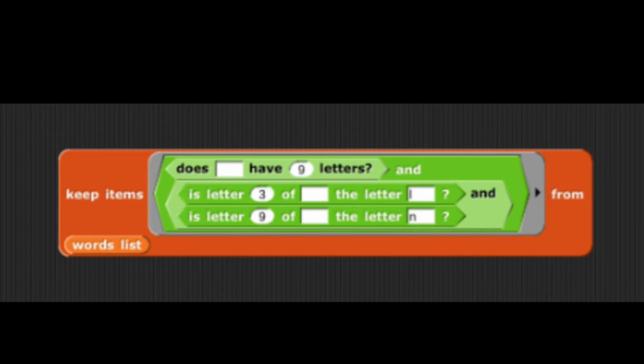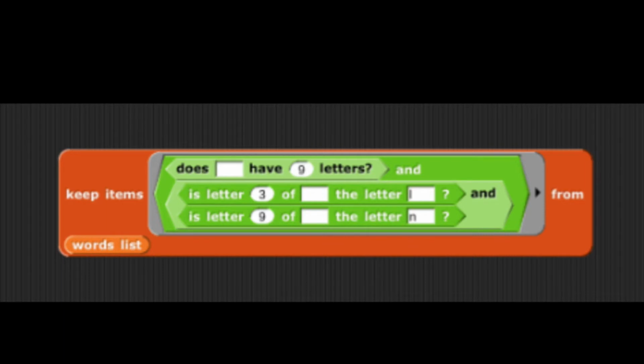The first piece of code within the outside is does blank have 9 letters, and that is a part of an operator which is blank and blank. So does blank have 9 letters? This is saying that if a word from the word list has 9 letters, to list off all the words that this code applies to.